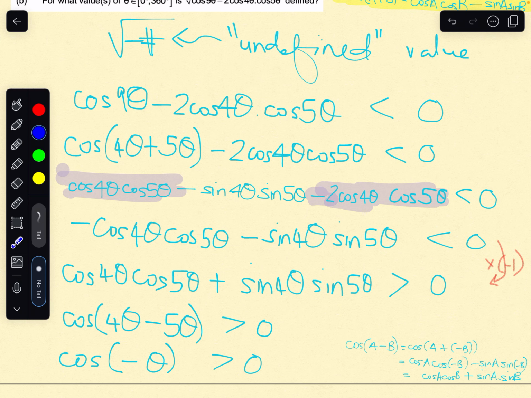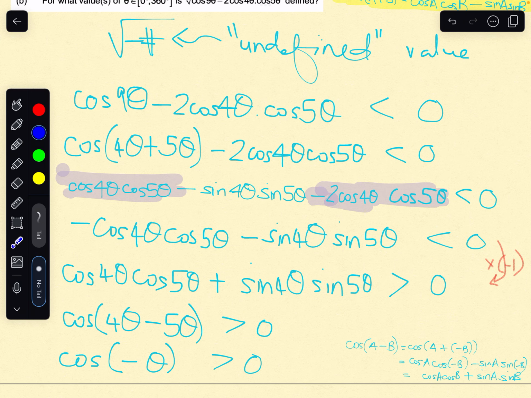So this is cos of 4 theta plus 5 theta. That's that. Right. Then we rewrote it as cos 4 theta cos 5 theta minus sine 4 theta sine 5 theta, which is what they've also written. Cool. And then that simplifies to minus cos 4 theta cos 5 theta minus sine 4 theta sine 5 theta.